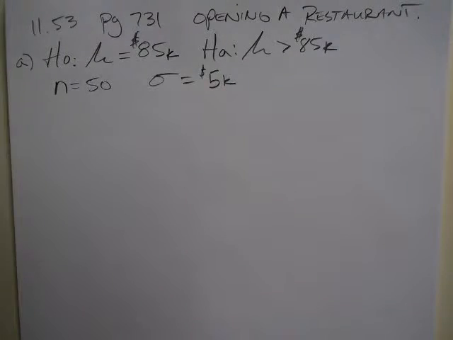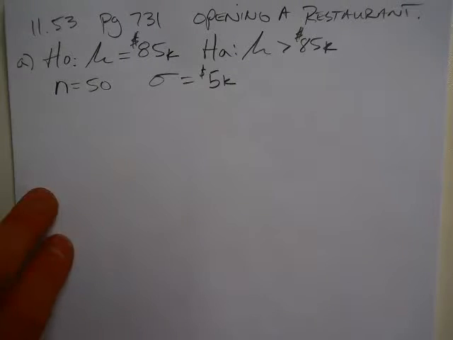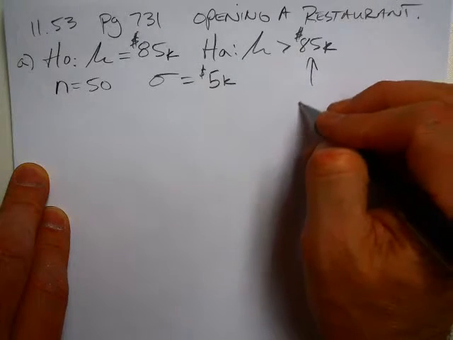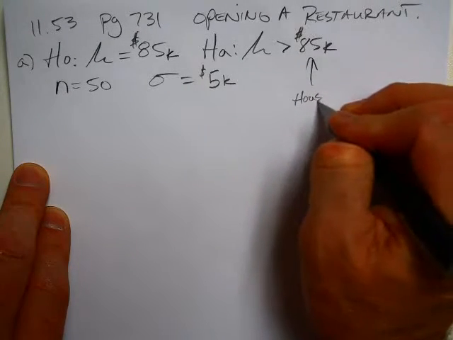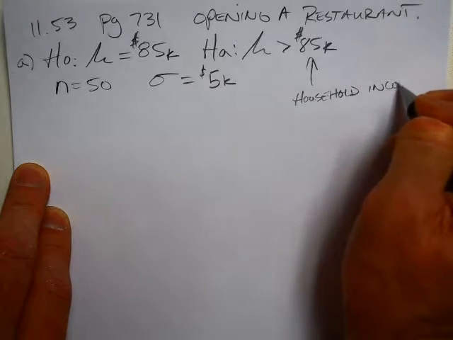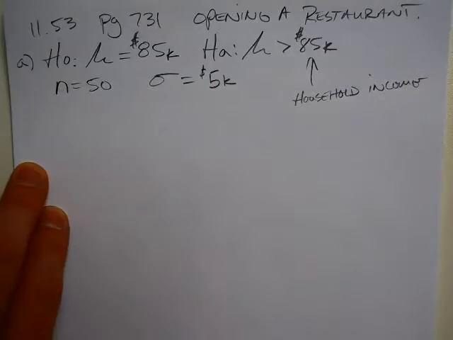You're looking at it from a slightly different angle than I am. Does that make sense? Okay. The 85,000 is the income, the household income, right? So this parameter, mu, is household income. Average household income.